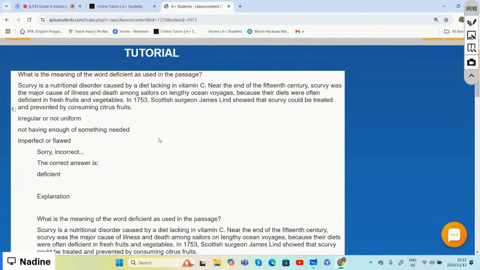So we now need to say what is the meaning of the word deficient as used in the passage. Deficient. It says that because their diets were often deficient in fresh fruits and vegetables.